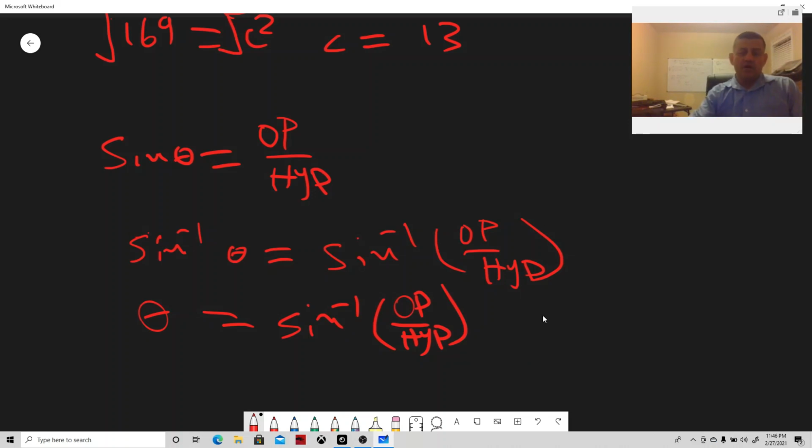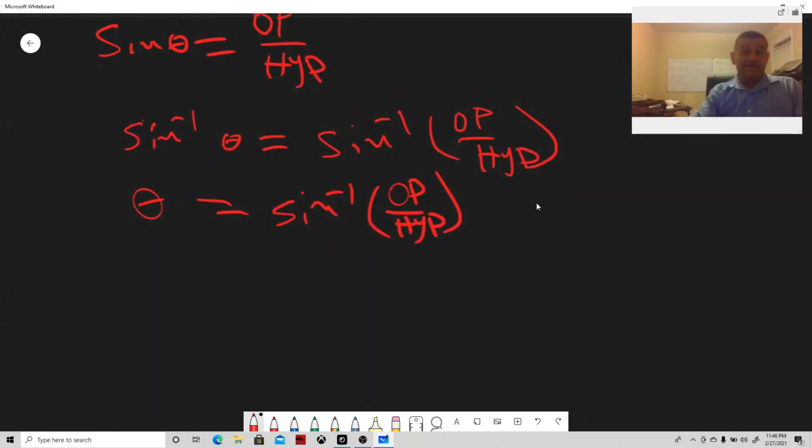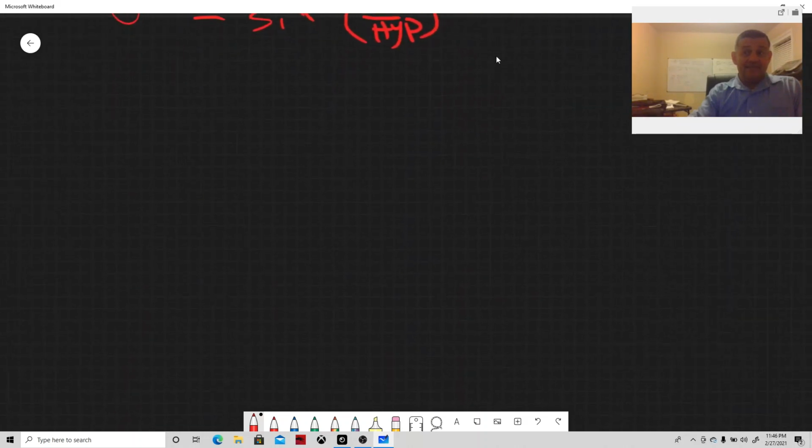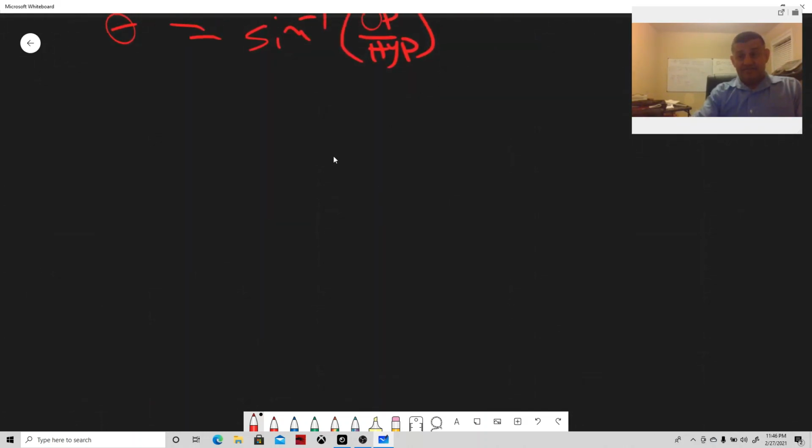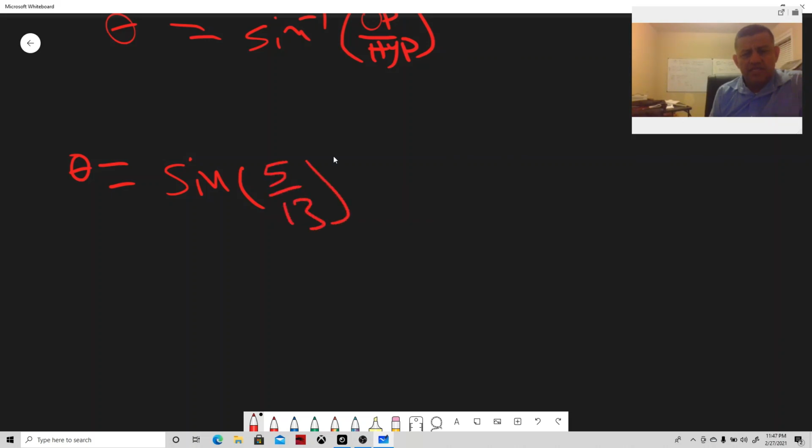Now we have the hypotenuse, we can use the formula. Angle theta is equal to sine inverse of opposite over hypotenuse, and the hypotenuse was 13, so it's going to be 5 over 13.